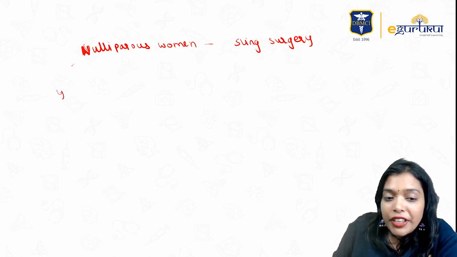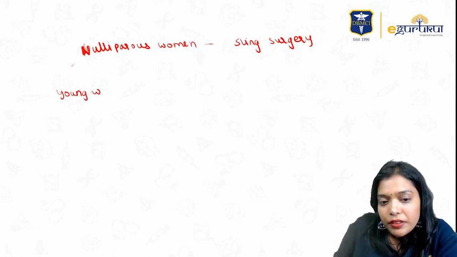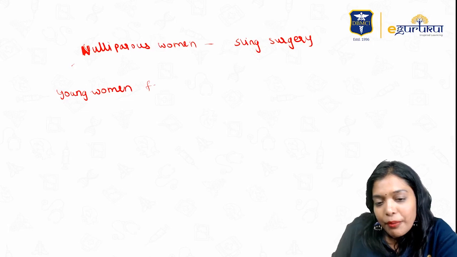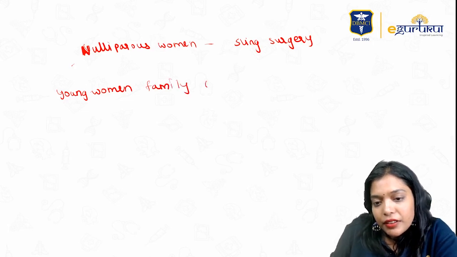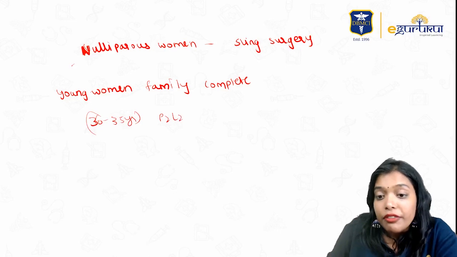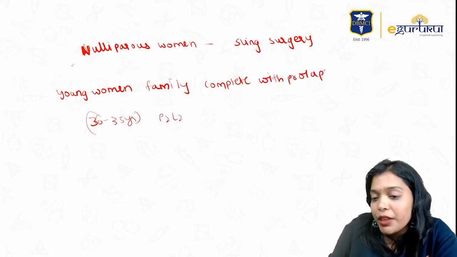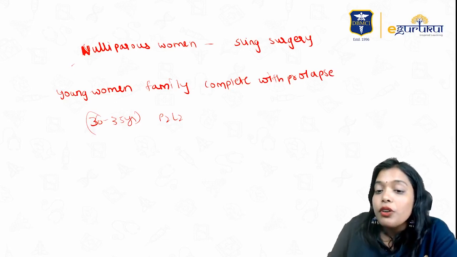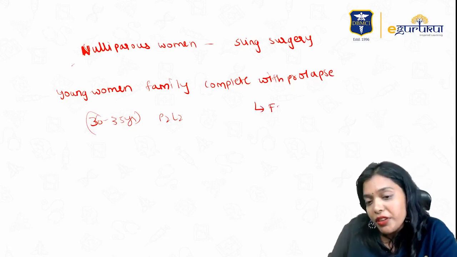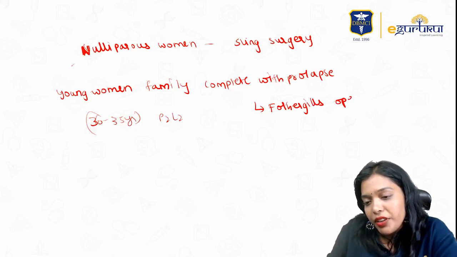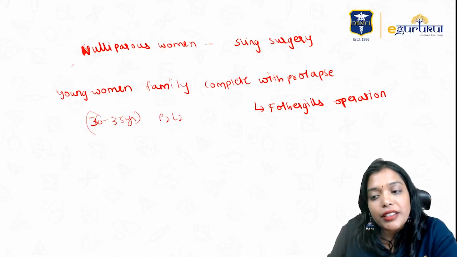Next, if you have a young woman, family complete, for example 30 to 35 years, para 2 living 2 with prolapse, then I don't prefer doing vaginal hysterectomy for her. I will do Fothergill's operation for her. So what is Fothergill's, guys? A quick recap.